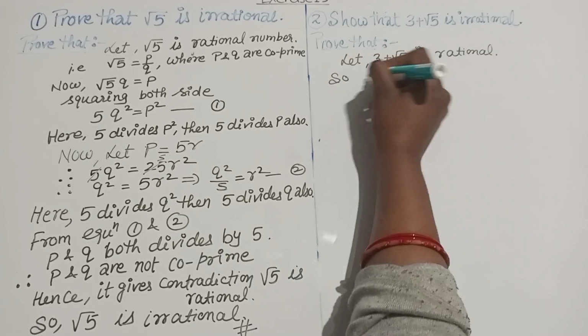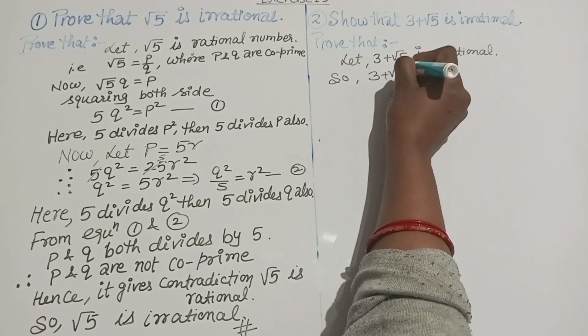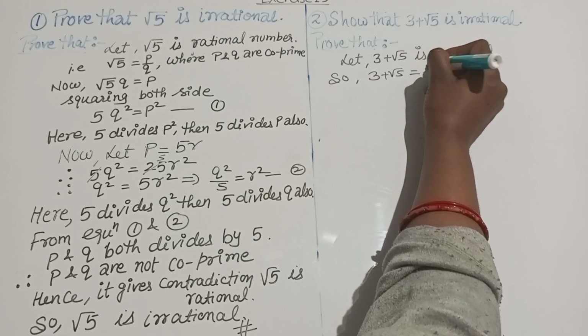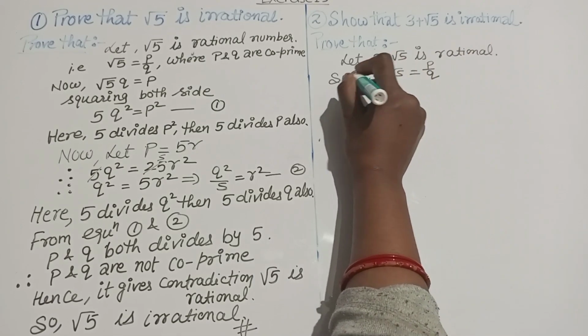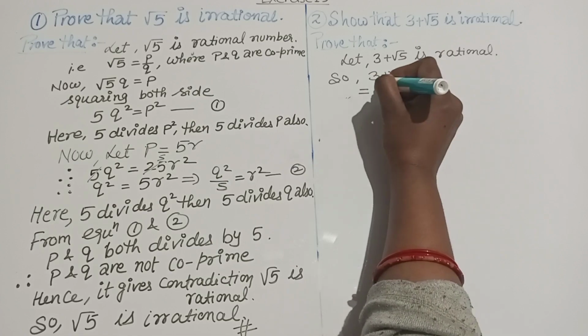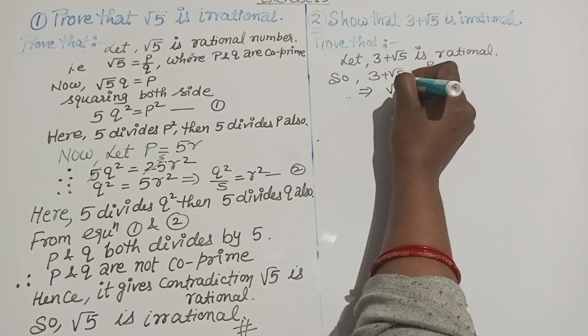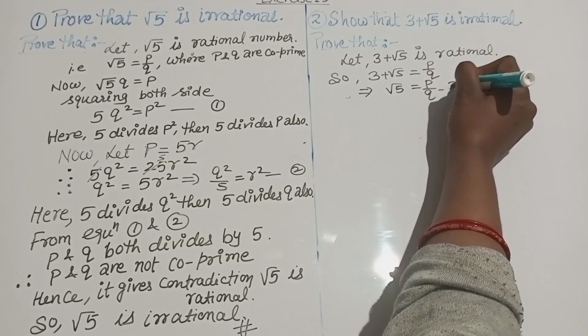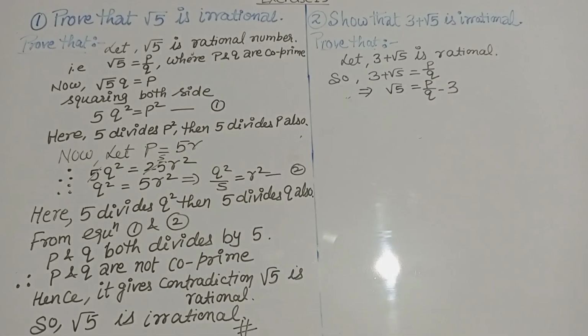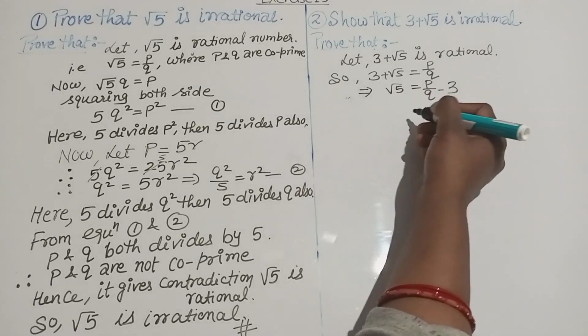So 3 plus root 5 can be written in p by q form. It means root 5 is equal to p upon q minus 3.